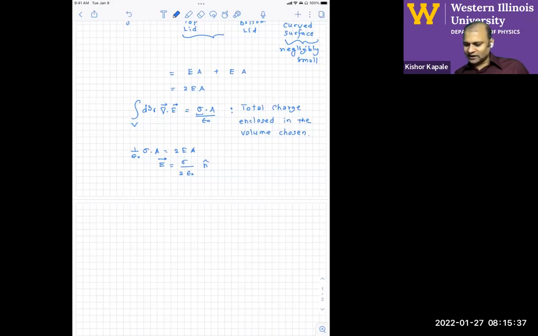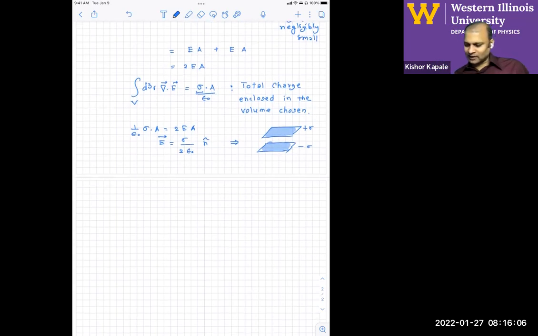Then with this, you could take an extension of this. Let's say if I gave you 2 sheets of charge, one has the charge density, let's say positive sigma, the other one has negative sigma, you can then calculate the field between those 2 sheets and outside, right, above the first one and below the second one. That's something to think about.